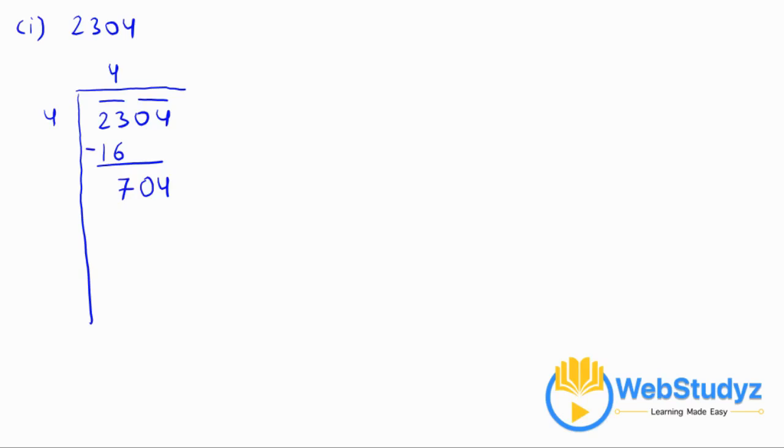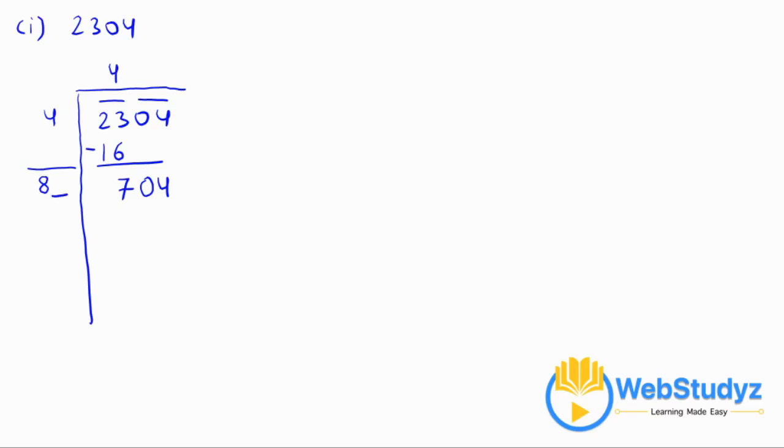Now, as per the rule, we need to double the value of quotient 4 and write it here, which is 8, and put a blank.